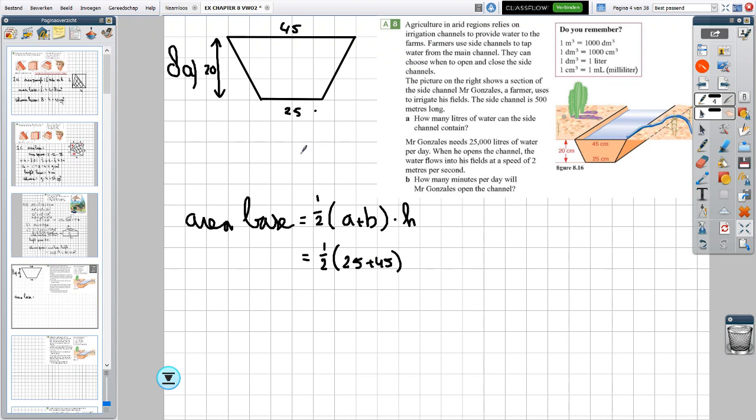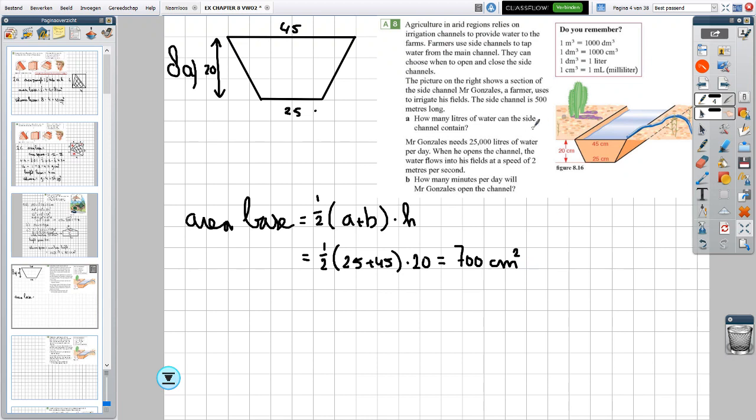And the height is given, that's 20. And I think this is a bit quicker. If you want to use the other method, feel free to do so. If I calculate this, it's the same as 35 times 20. It's going to be 700. 700 what? I'm talking about centimeters, so this is squared centimeters because I'm talking about area.